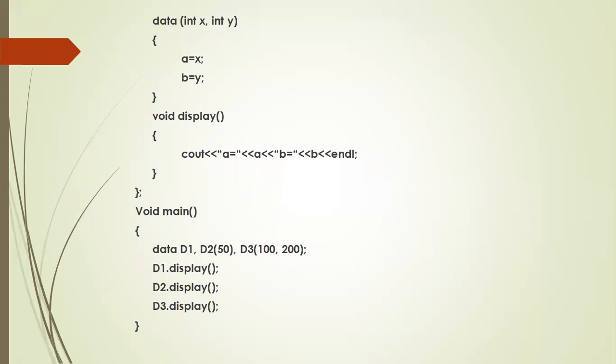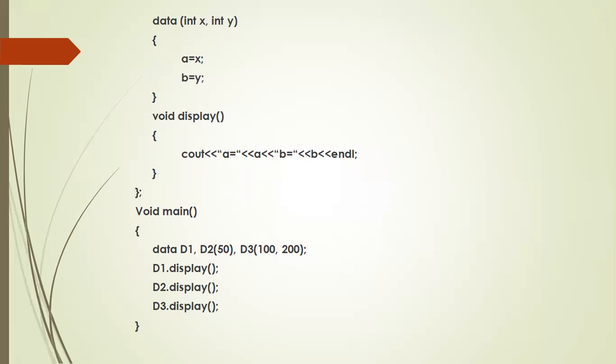So A and B are initialized to the values 10 and 20. Now for the object D1, D1.A equal to 10 and D1.B equal to 20. For the first object, since no arguments are there, the default constructor is executed.